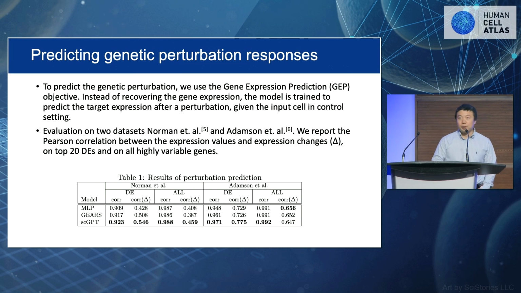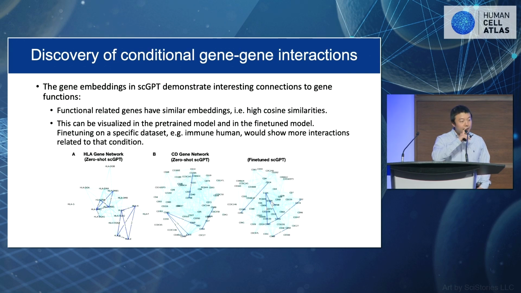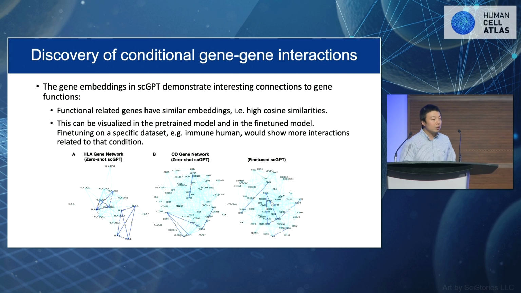And then we move to perturbation response. Again, we compare with GEARS and some other methods. scGPT did a better job in terms of perturbation predictions. And a similar phenomenon was also observed in gene regulatory networks. We find that even zero shot, without any fine-tuning, the gene embeddings learned by scGPT can find some interesting gene programs as well.